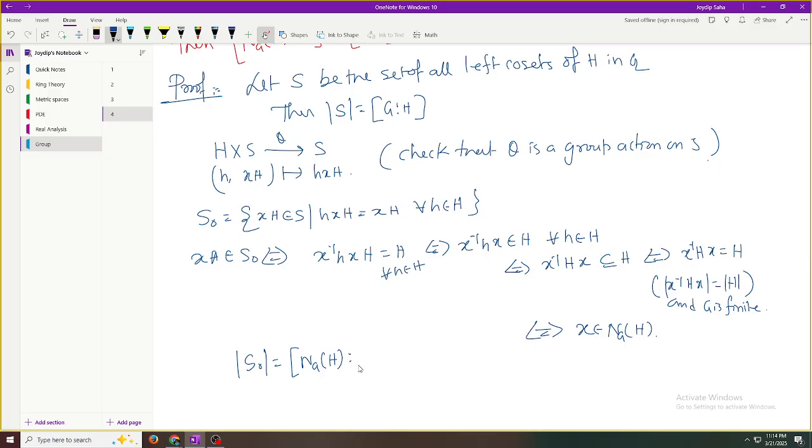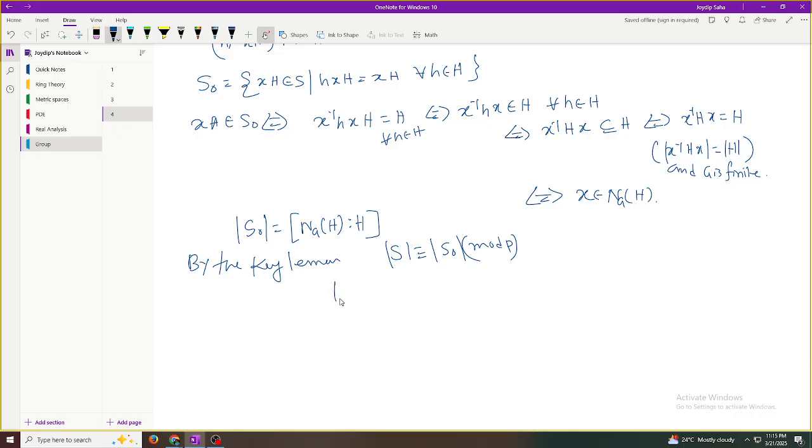N_G(H) colon H. By the key lemma, S is congruent to S0 mod P, hence G colon H, I should write in the opposite direction, G colon H is congruent to N_G(H) colon H mod P.